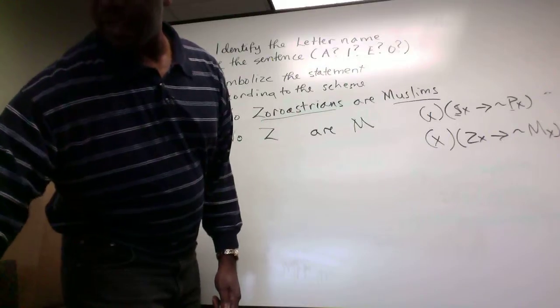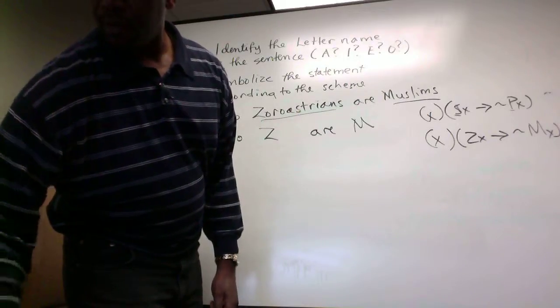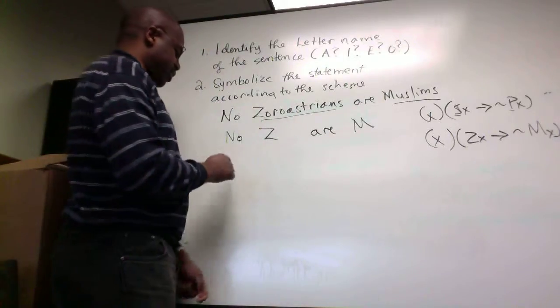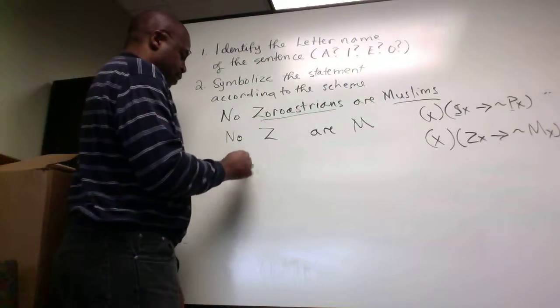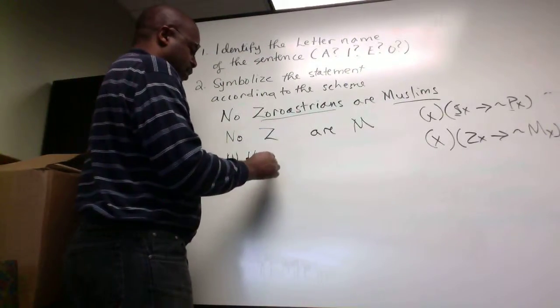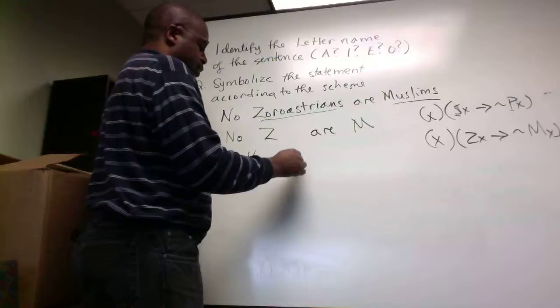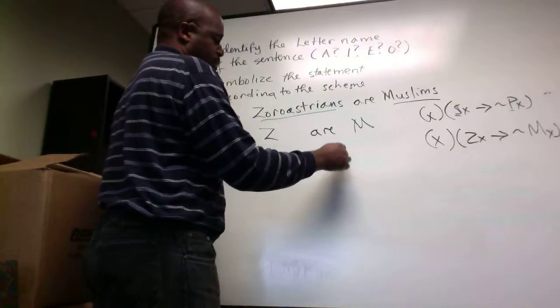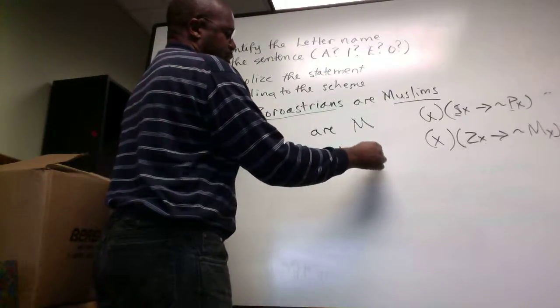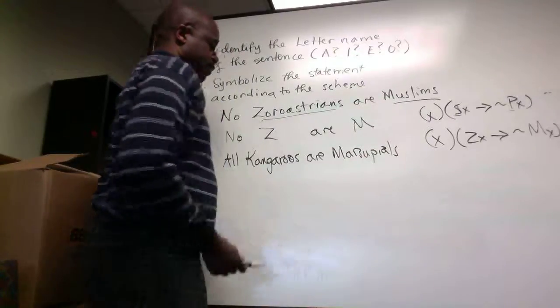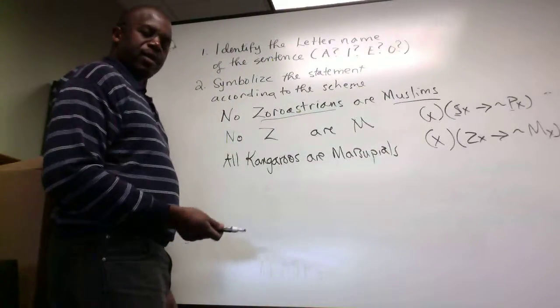Let's look at the second example. All kangaroos are marsupials. This is an A statement.